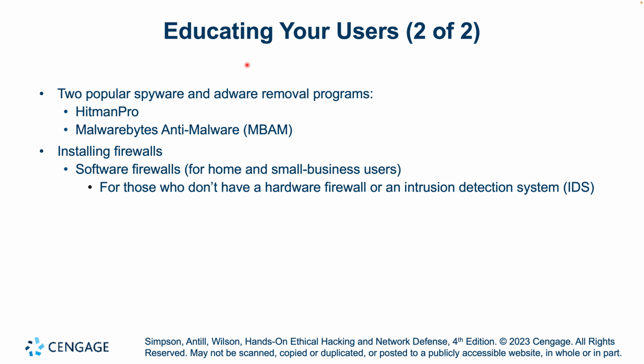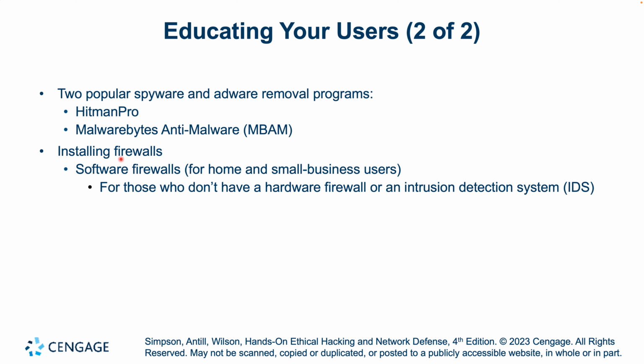Now, educating your users also, we will continue with this part. There are two popular spyware and adware remover programs like Hitman Pro and Malwarebytes. This is an excellent application. I have used it before, you know. And of course, one of the recommendations for home and small business users is to install or activate their software firewalls.